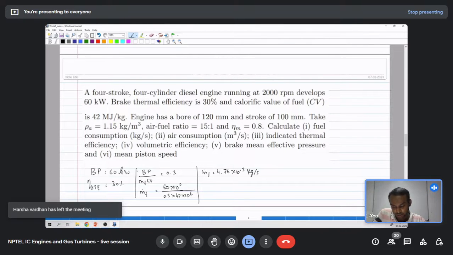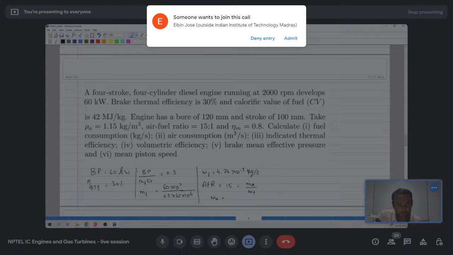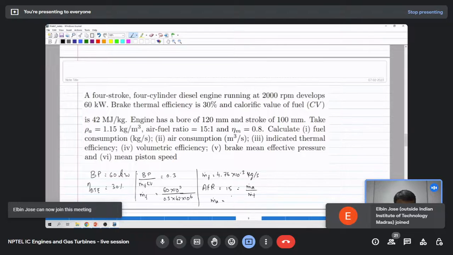Now we know the air-fuel ratio is given as 15, so m dot A by m dot f is 15. We know m dot f, the mass of fuel, so to calculate m dot A, we have it as 15 into m dot f.